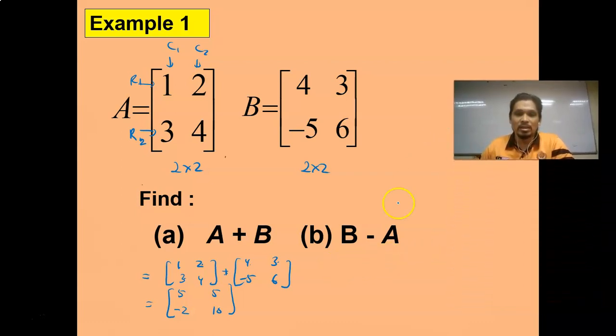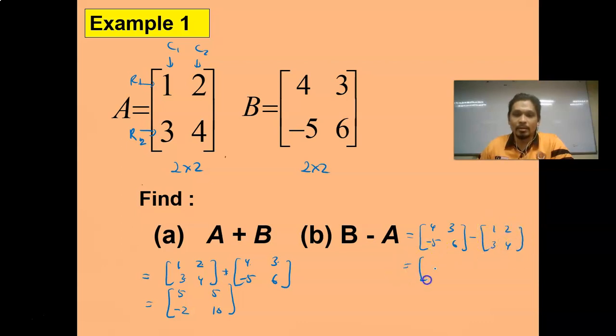What about B just now? B minus A. The matrix 4, 3, negative 5, 6 minus A, 1, 2, 3, 4.